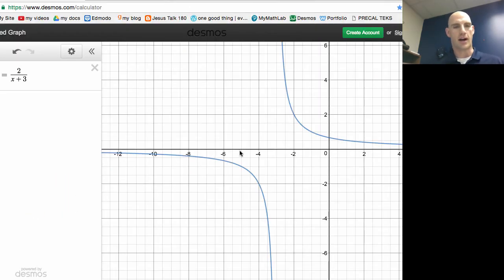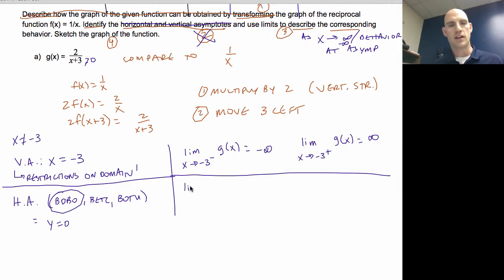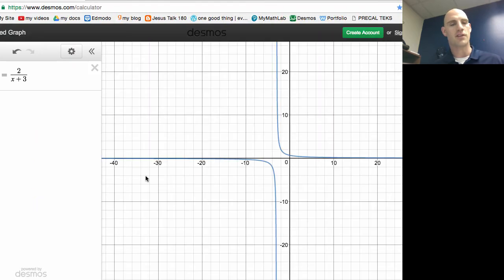Horizontal asymptotes. Check it out. There is a horizontal asymptote at y equals 0. If I zoom out, check it out, look at how this graph gets infinitely closer to 0. And so I want to know the limit as x goes to negative infinity of g of x. Where is it going? Well, the definition of an asymptote is, as the end behavior approaches infinity, what value is it going toward?